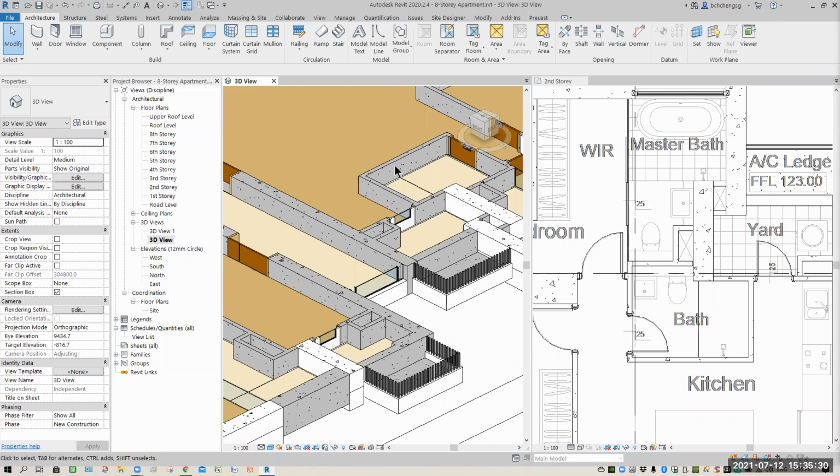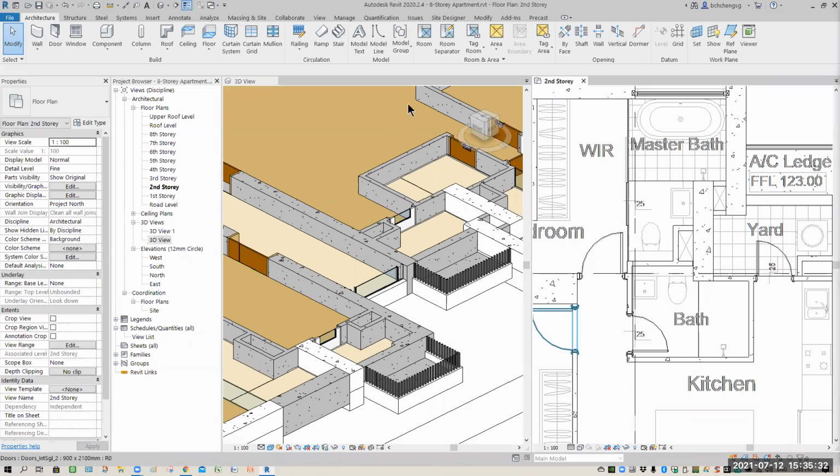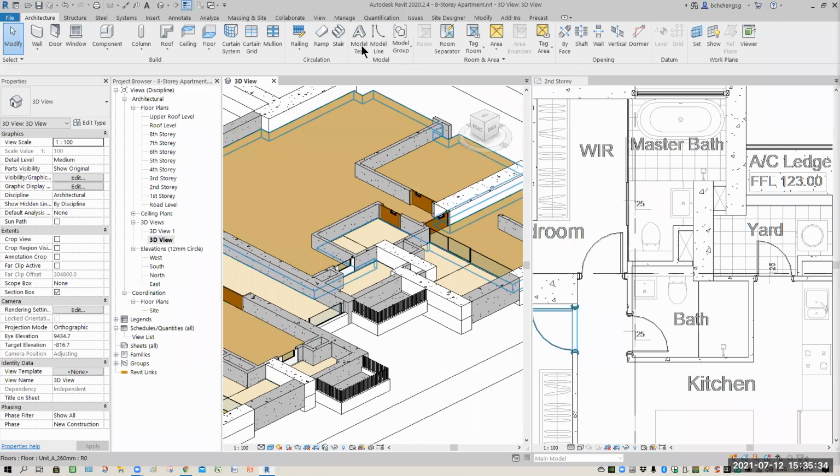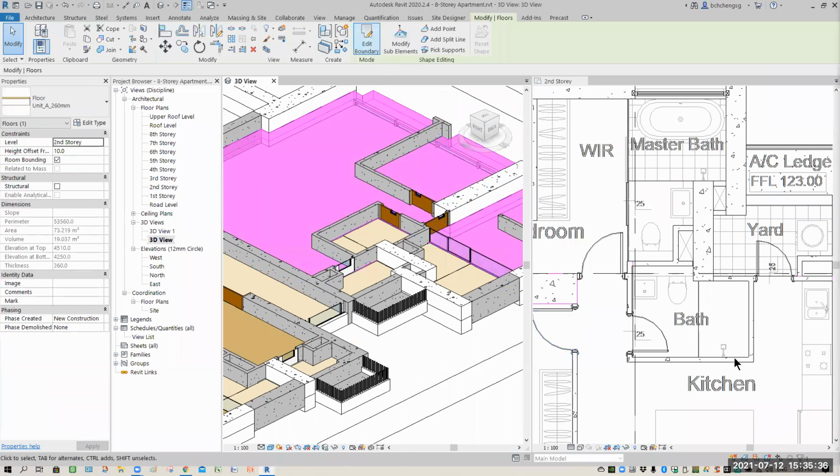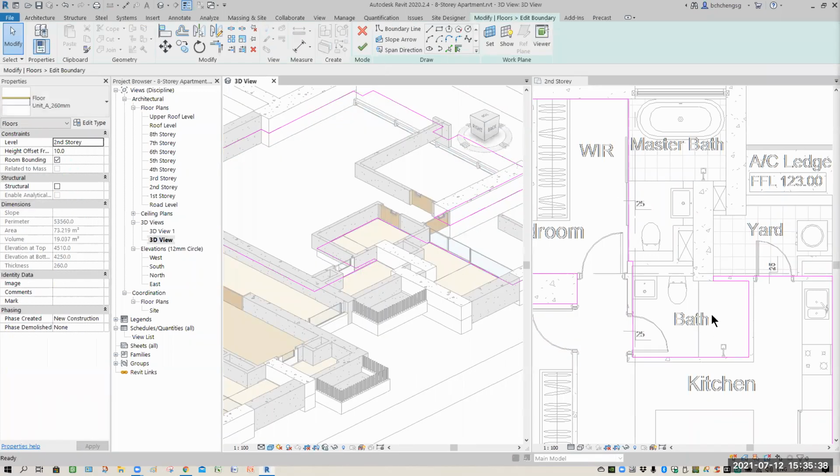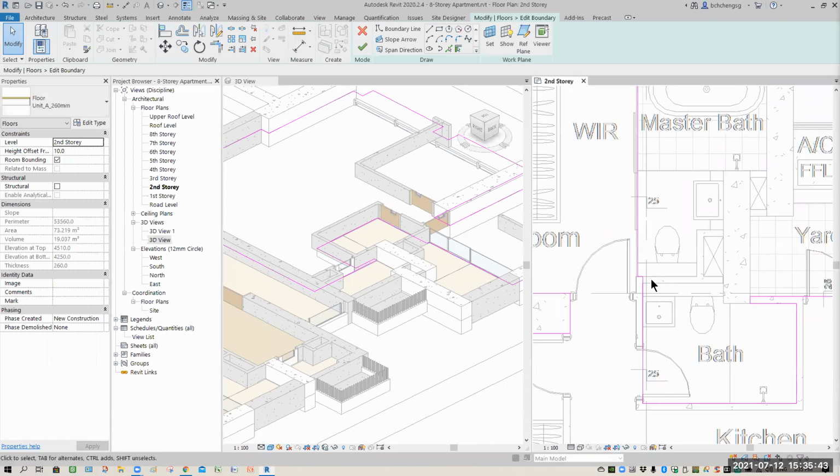So in other words, if I select my slab and go to edit, from here you can see how I determine my wall, how the wall sits nicely. Okay, you see the difference? This is actually, I give it a full height.